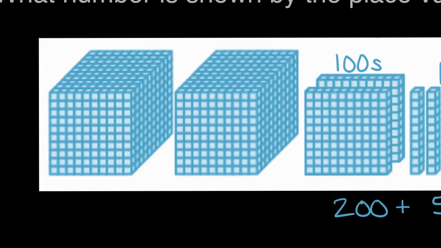We have 100, 200, 300, 400, 500, 600, 700, 800, 900, and that last one makes it 1,000. So these are thousands. And how many thousands are there? There are 1, 2. So 2,000.